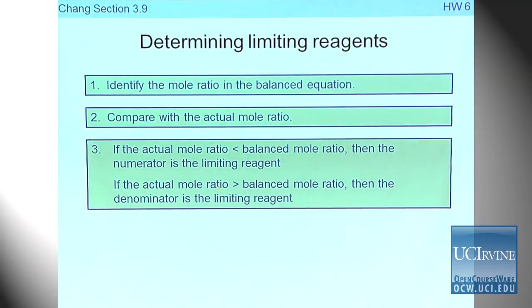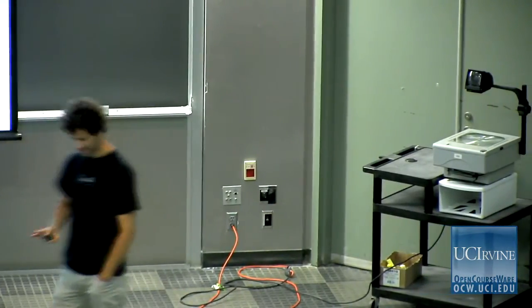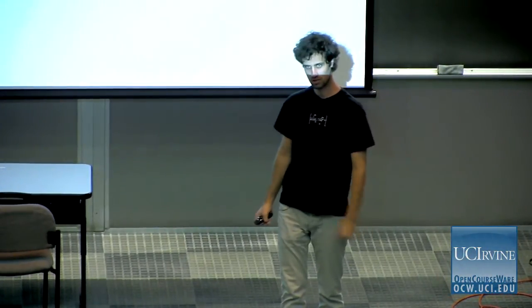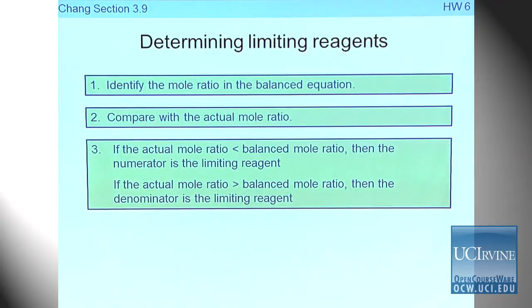If the actual mole ratio is larger than the balanced mole ratio, then the denominator is the limiting reagent. Okay? So this is a kind of a simple, this is really a trick. I don't really like tricks, but in this particular case, it is a trick that will always get the right answer. So it's just a quick way to determine what do you have more of, basically. That's what it is.